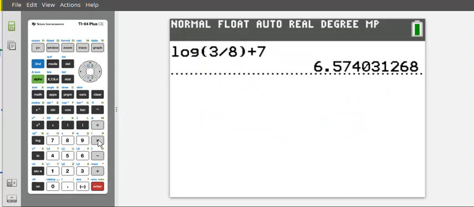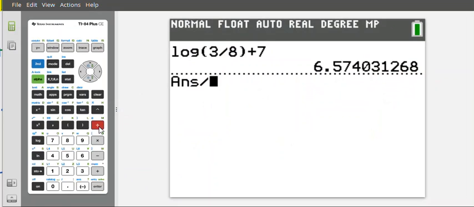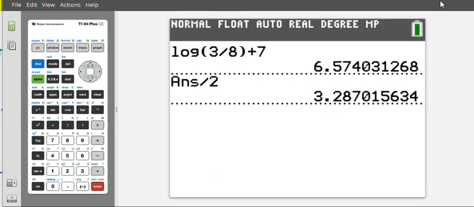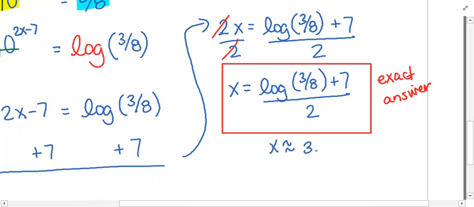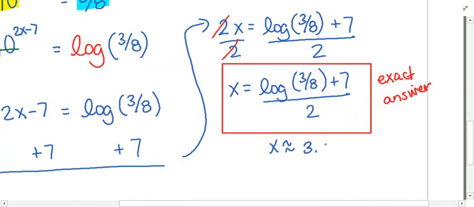That's the numerator. And then I need to divide this by 2. So just hit the division key. It's going to take the previous answer, divide by 2. So the approximation for x here is 3.287. So here is our decimal approximation. And that's it for this one.